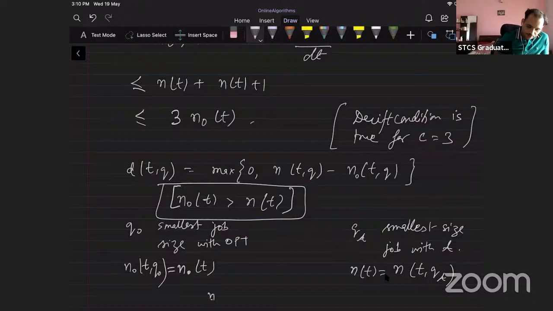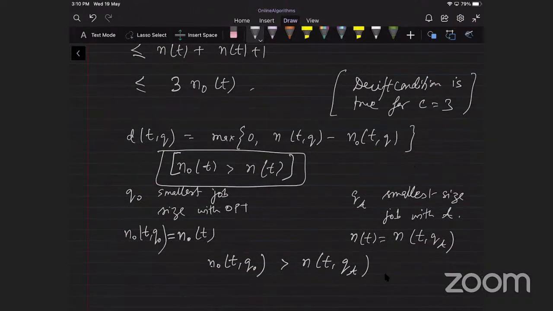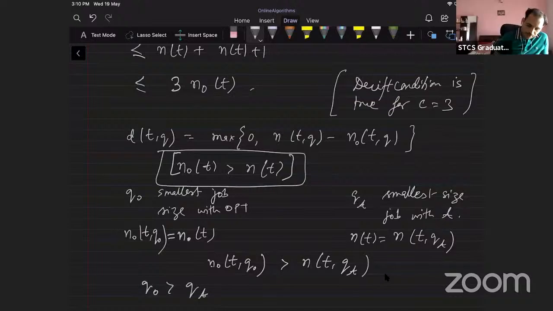So that means N0 of T comma Q0 is greater than N of T comma QA. This is known. So now you can take the condition Q0 being greater than QA or Q0 being less than or equal to QA. Now what happens? So in one case it's easy, other case also it's easy.